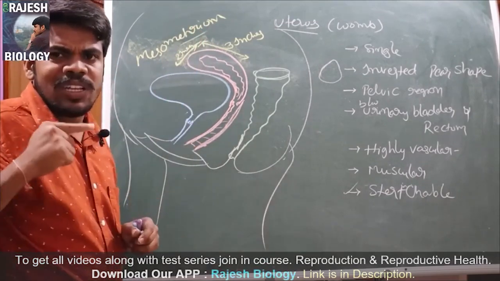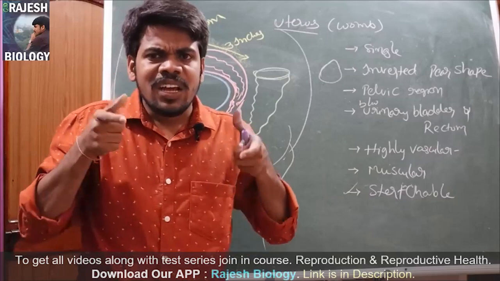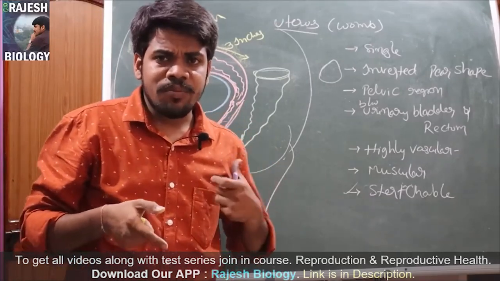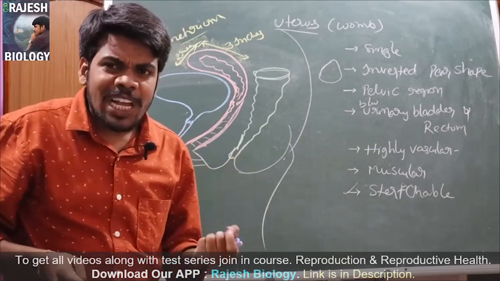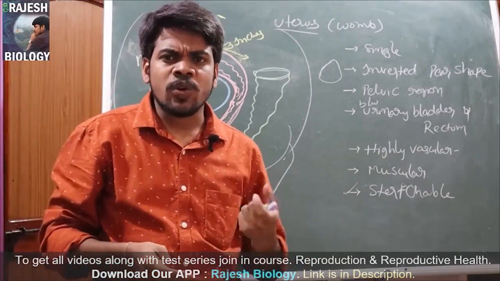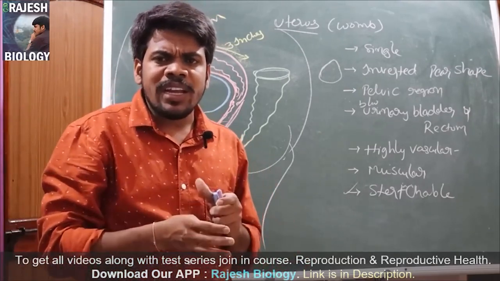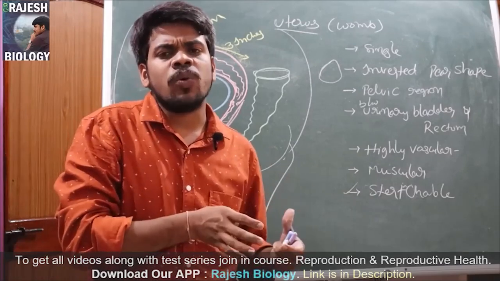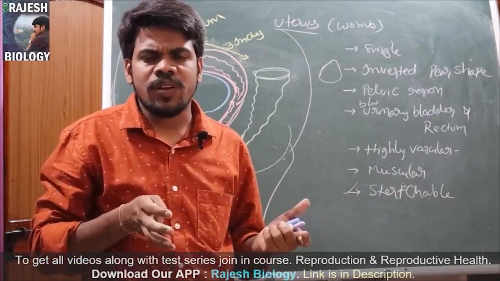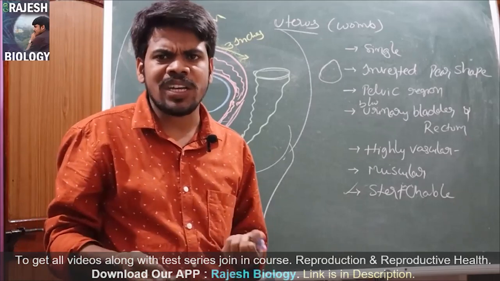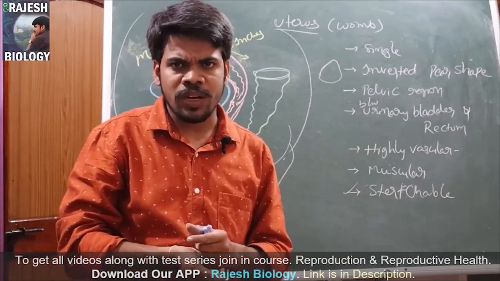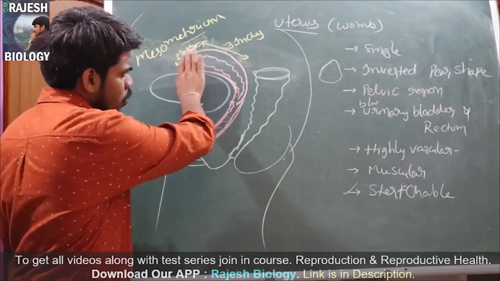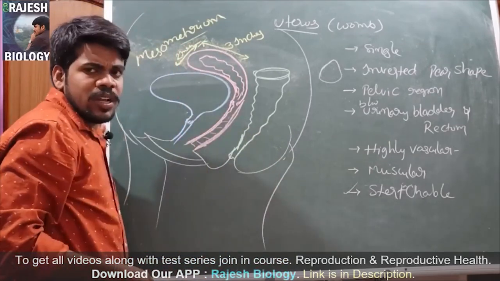So 2 inches width, 3 inches length it has, but it can extend when the blastocyst gets implanted and undergoes some development. Depending upon the size of the embryo, it also gets stretched. Of course, after parturition, it comes to its normal position within 1.5 to 2 months. So this is the uterus position.